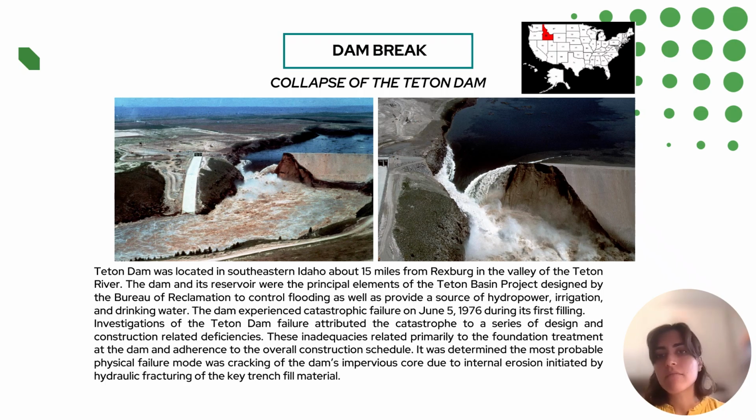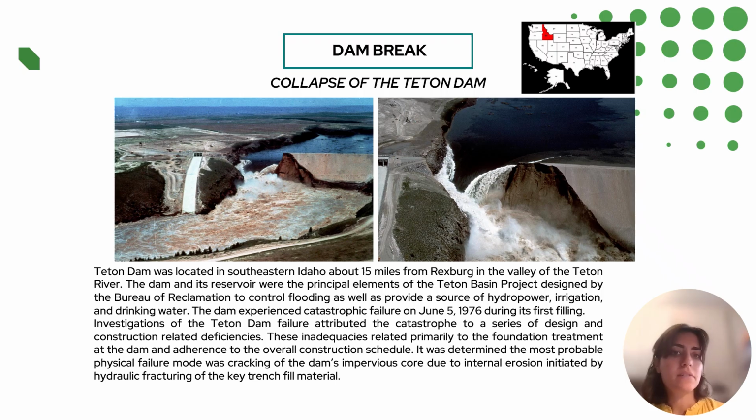Investigations revealed that the failure was mainly due to design and construction deficiencies. In particular, the impervious core of the dam cracked, leading to internal erosion and hydraulic fracturing of the fill material. The project was also affected by pressure to keep to the construction schedule, which meant that important foundation treatments were not adequately carried out.